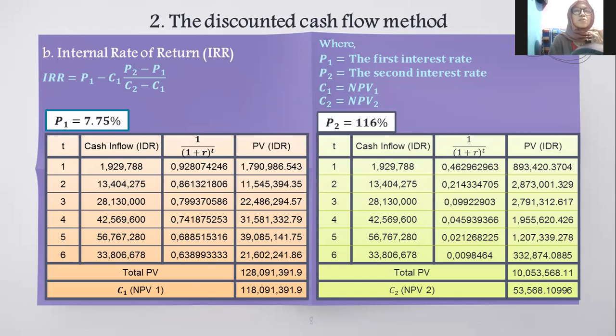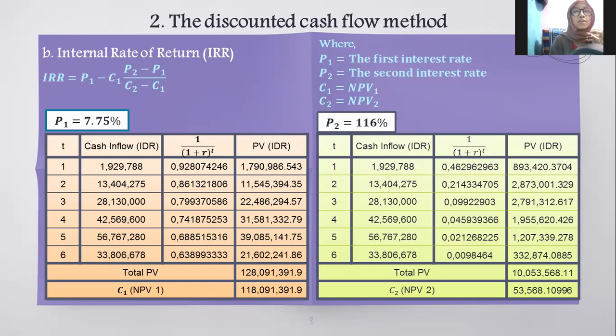To use this method, we have to find NPV1 and NPV2. But previously we have gotten NPV1, so now we have to choose P2 and we get C2.